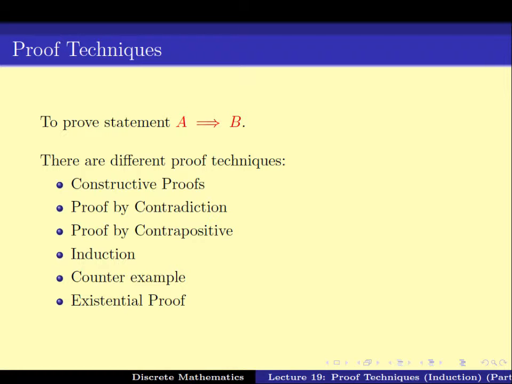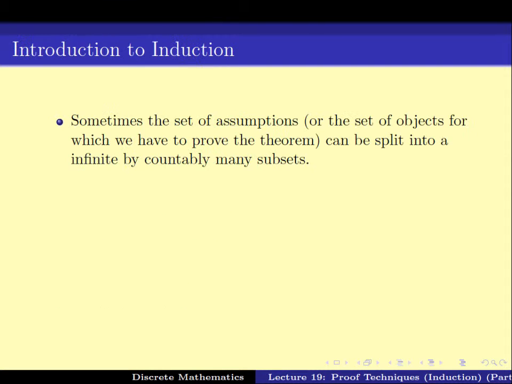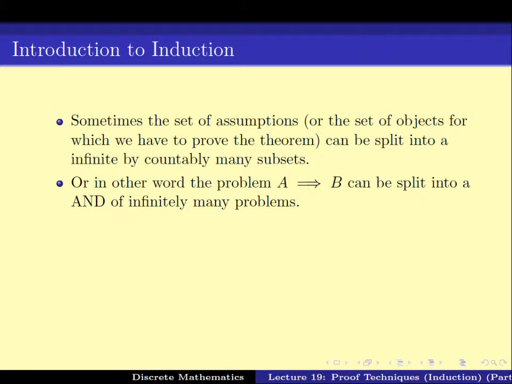Now, what is induction? The main idea is that sometimes the set of assumptions can be split up into finite but countably many subsets. So that in turn means that the problem, which is A implies B, can be split up into an AND of infinitely many problems.